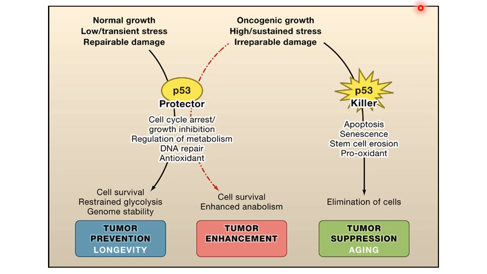People who inherit only one functional copy of p53 have a greatly increased incidence of early onset cancer. As we said, for p53 you need two mutated copies of the chromosomes to have a cancer cell.